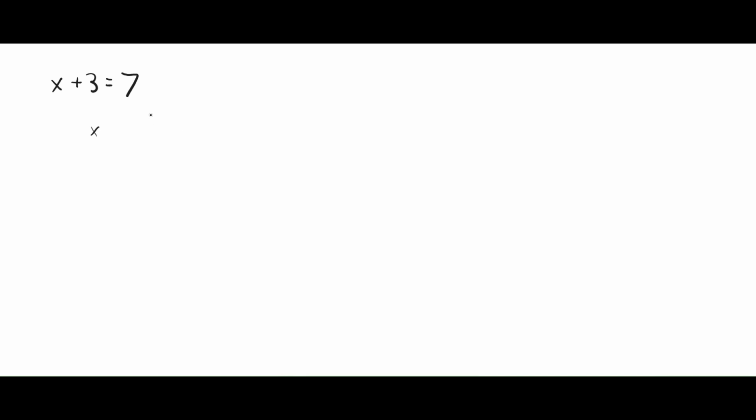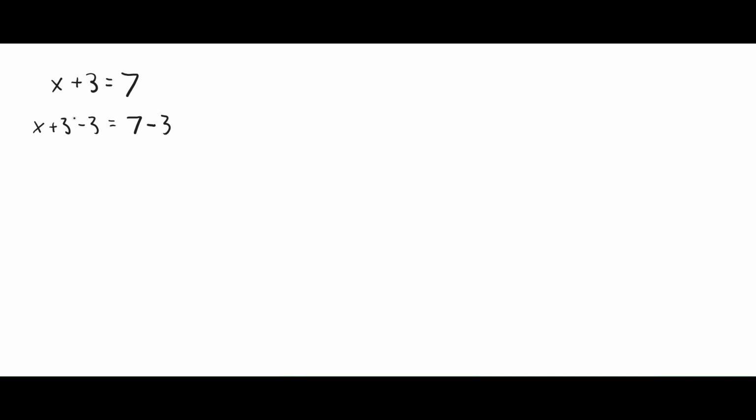Okay, so let's go on to the next step of this problem. If I want to find what x is, I can try to make the left side simpler by subtracting 3. So I could say x plus 3 subtract 3 is equal to, now what goes on over here, I have to put 7, and I better subtract 3 here as well, or else both sides would no longer be equal. If I subtract 3 over on the left, I have to subtract 3 on the right as well.